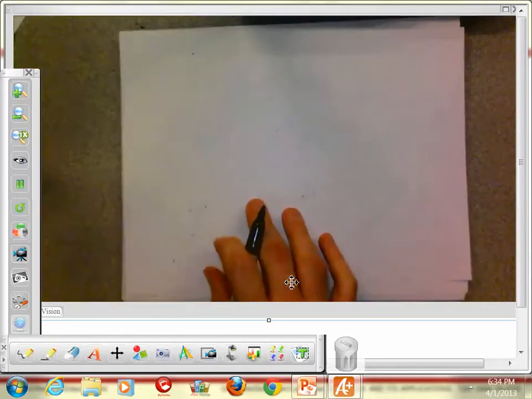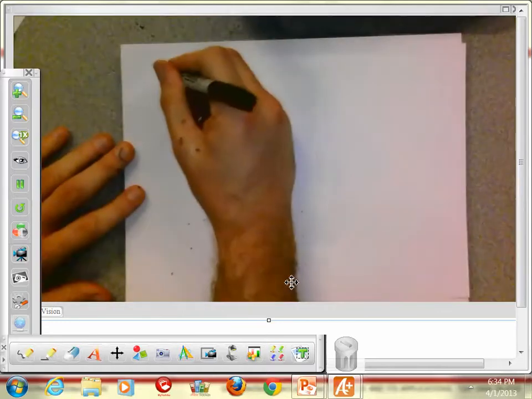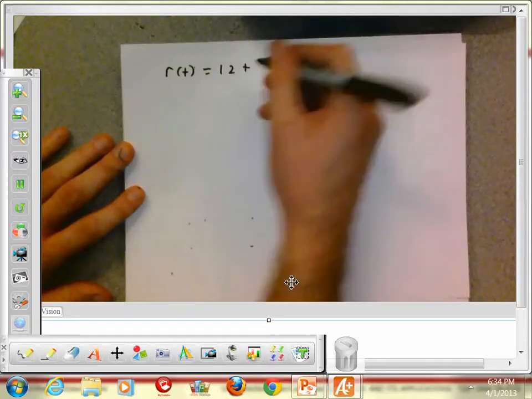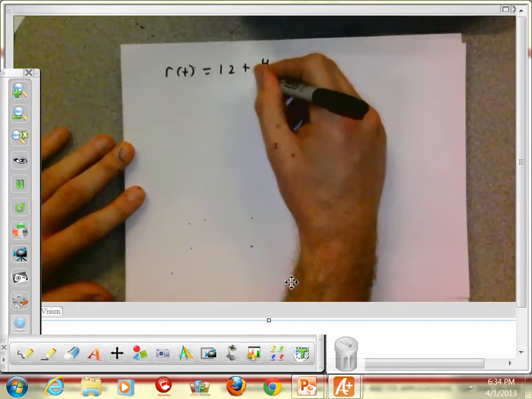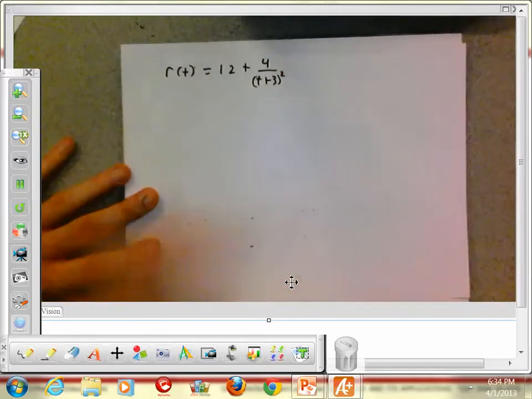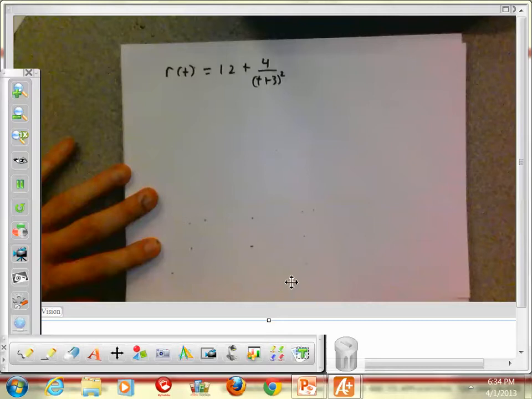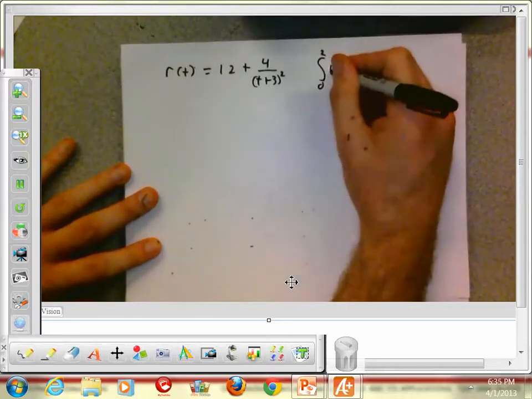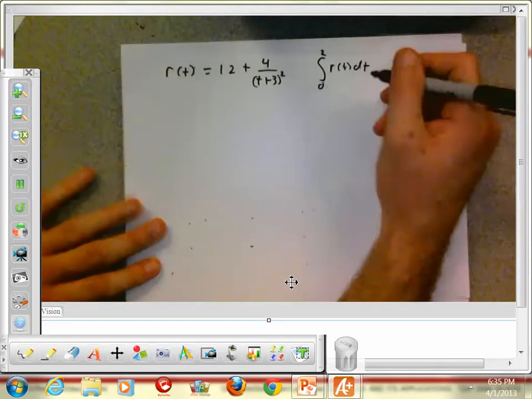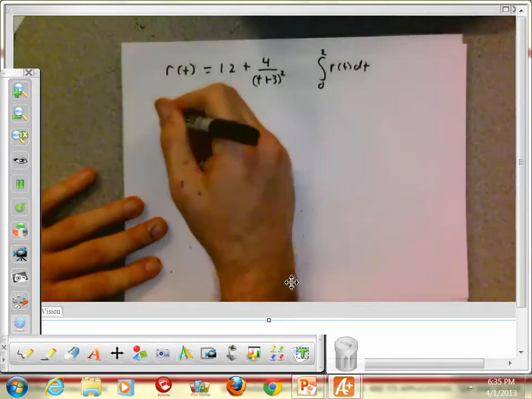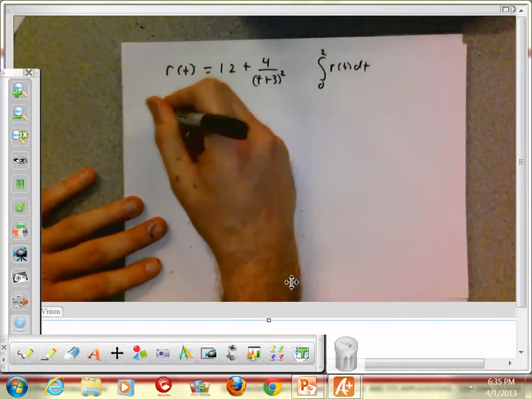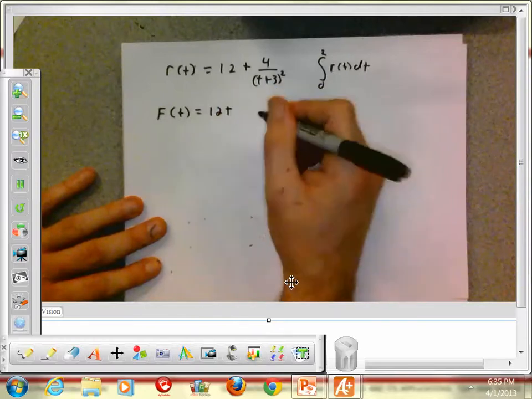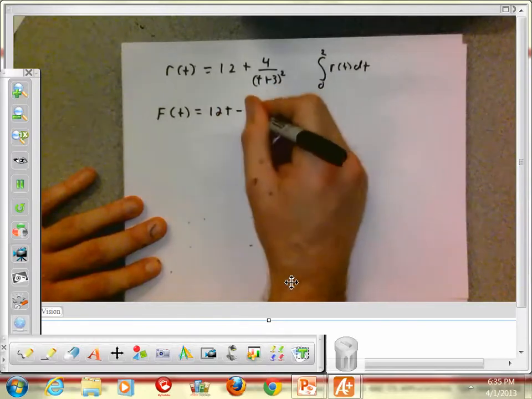is we started out with a function r of t is equal to 12 plus 4 over t plus 3 quantity squared. And what we wanted to do is find the integral from 0 to 2 of r of t dt. To do this, we found any antiderivative of r of t, which one can be given by f of t equal to 12t minus 4 over t plus 3.